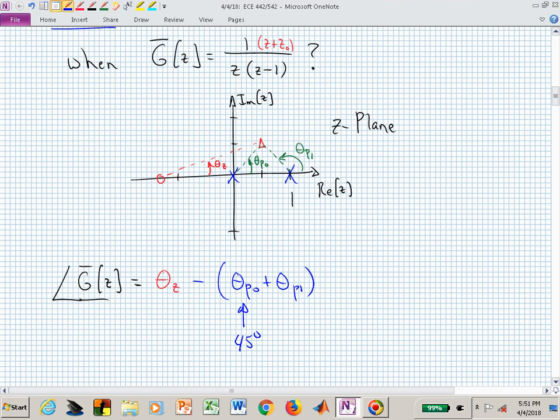So now theta p1 is 180 degrees minus, and this was cooked up special so that I could easily find these angles, but that's also 45 degrees. So I have 180 minus 45, or theta p1, since I'm measuring it with respect to the positive real line, is 135 degrees.